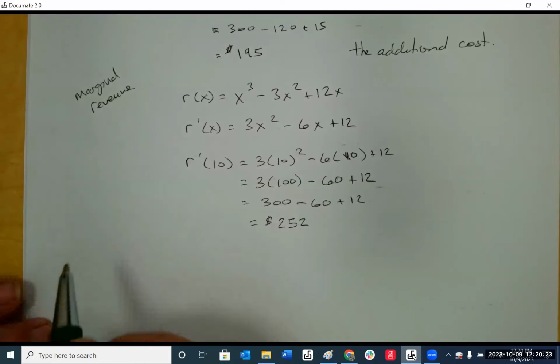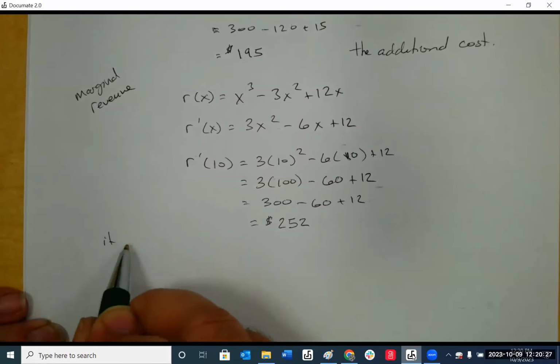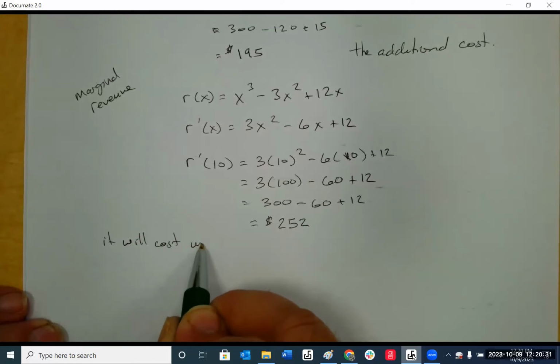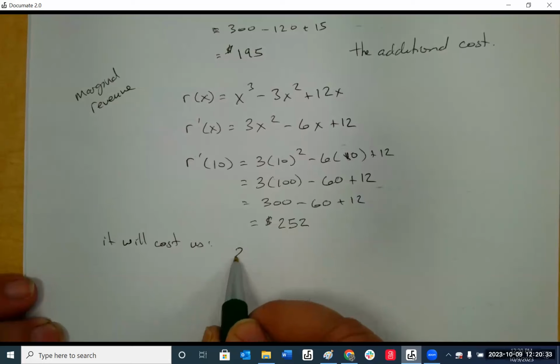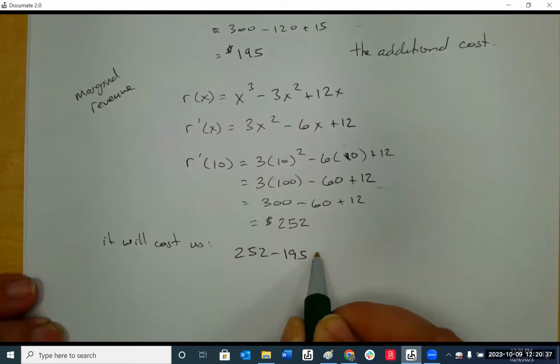Right. So if we go from 10 to 11, $252 minus 195.